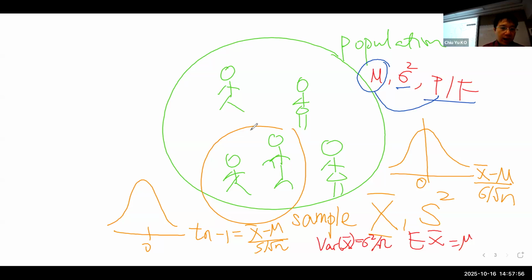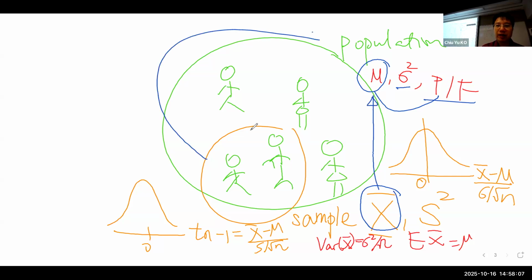So the first thing to do is to use this number to guess that number. From sample to population is today's topic, estimation. We want to use our knowledge from the sample to generalize to the population.